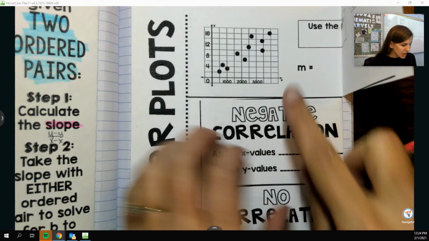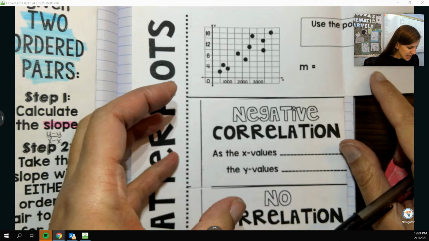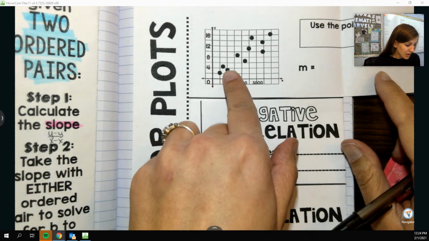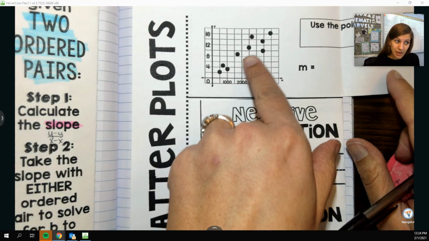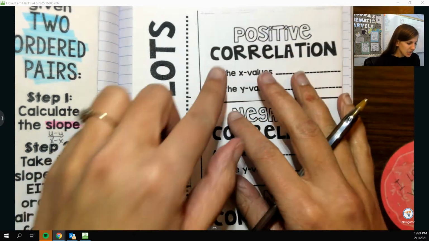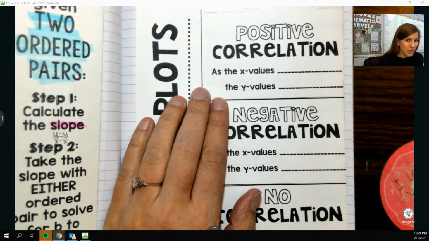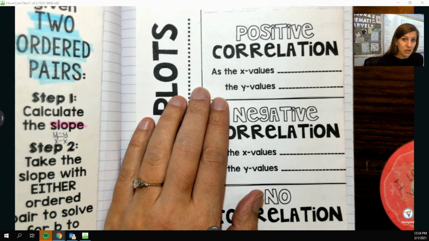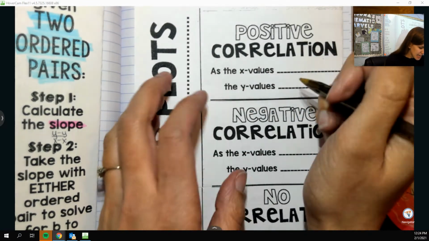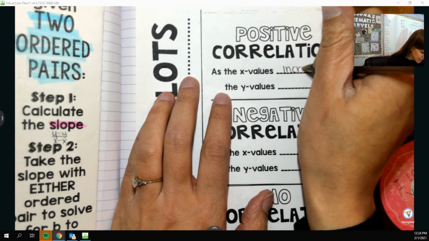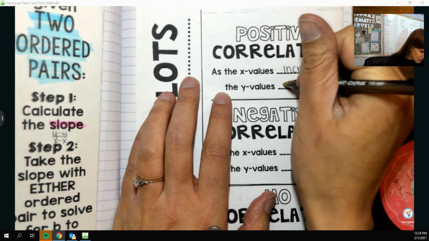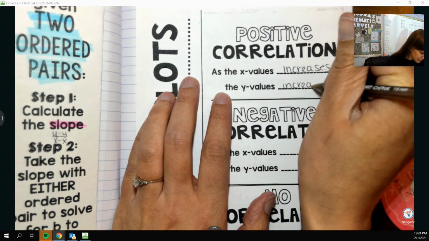So dots that look like this kind of all look like they're going in an upward direction. So we say that that has positive correlation. And really that just means it's going to have positive slope. So as the x values increase, the y values also increase.